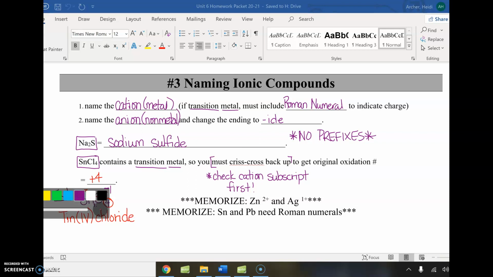The second example that I want to show you is PbO2. Now, on PbO2, oxygen's charge is a 2 minus. We know that from the periodic table, but see how that does not match the assumed 1 that's on lead.